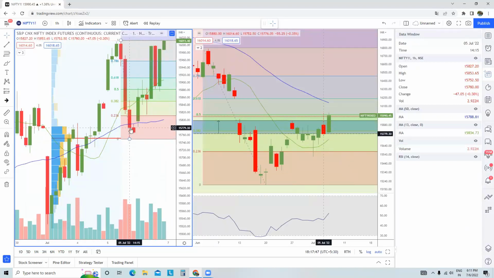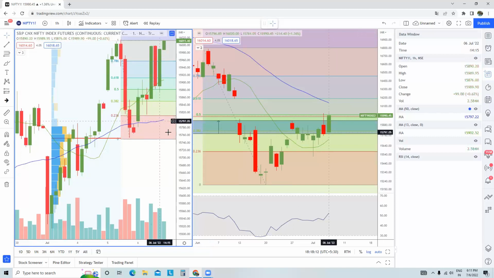Low was 15,752, and we had a very big inverted hammer, and this inverted hammer probably would have put a doubt in everyone's mind yesterday at the closing price that probably this is a start of a reversal and markets may test lower levels. It was not sure, but at least a doubt would have come.